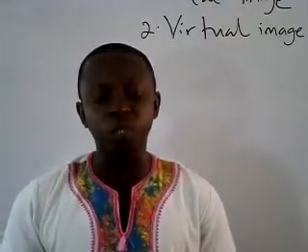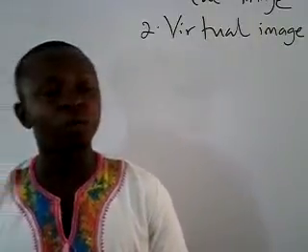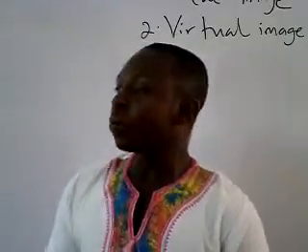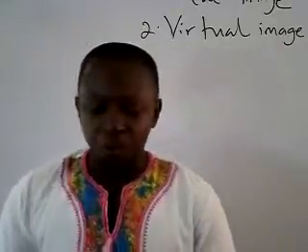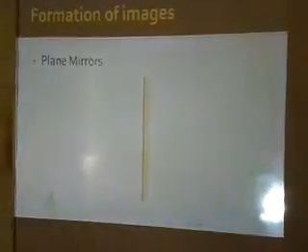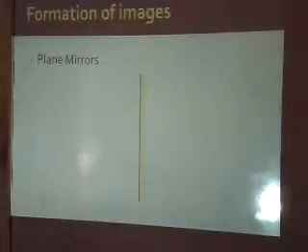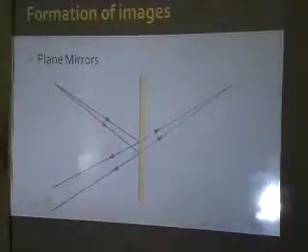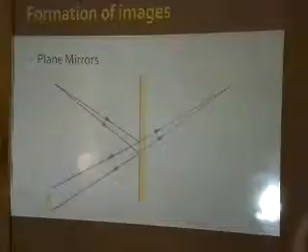So we want to see the formation of an image by a mirror. In the diagram we have on the screen, we see that we have a reflecting surface and then an eye of an observer here where the pointer is. So let's see what happens. We have an object from which light rays travel onto the surface of the mirror.